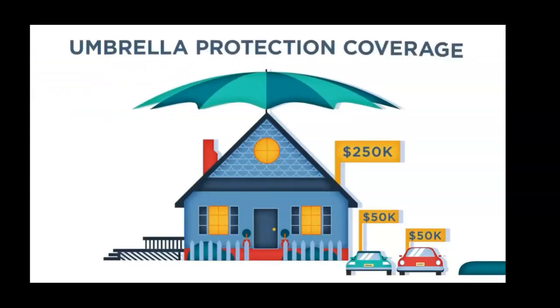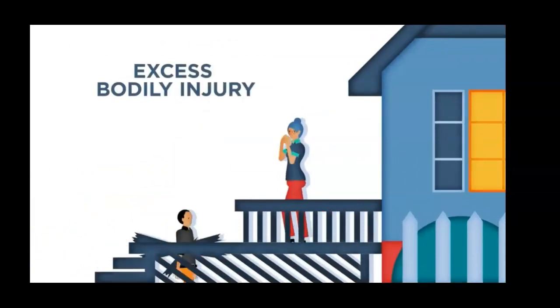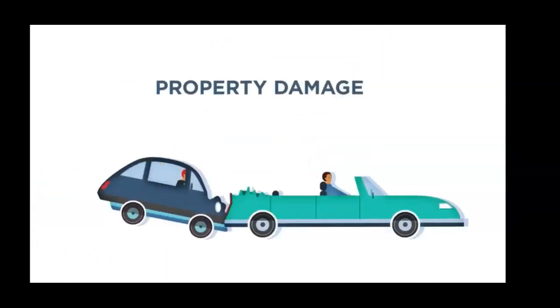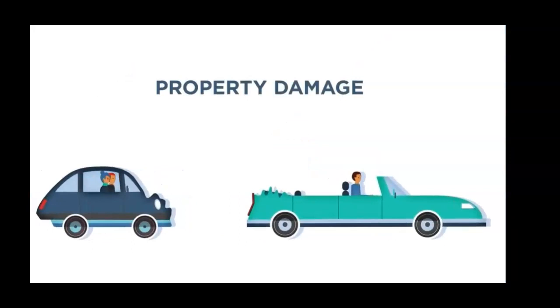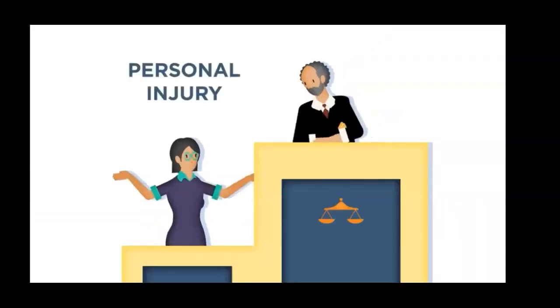Umbrella protection extends your liability limits, providing you with additional protection if you're found responsible for an accident. It applies to a number of situations, such as injuries to someone else, damage to someone else's property, and even damages resulting from things like slander or wrongful eviction.